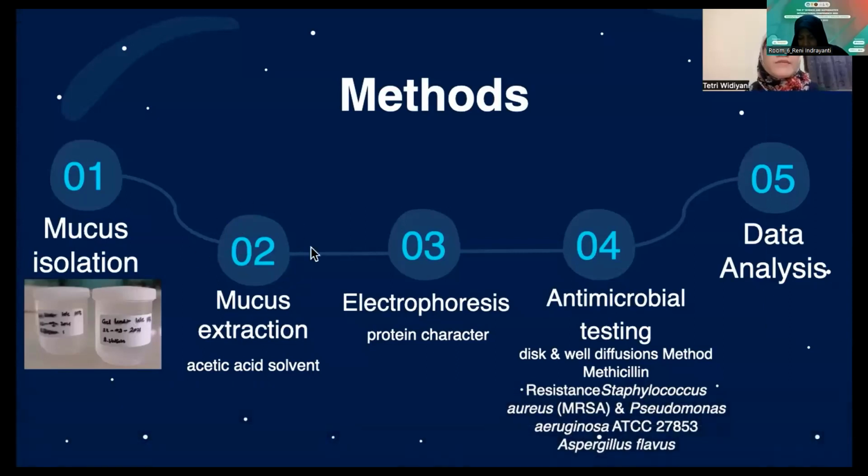And the second step is mucus extraction. Mucus extraction using glacial acetic acid solvent, in the percentage of 3 to 5%.